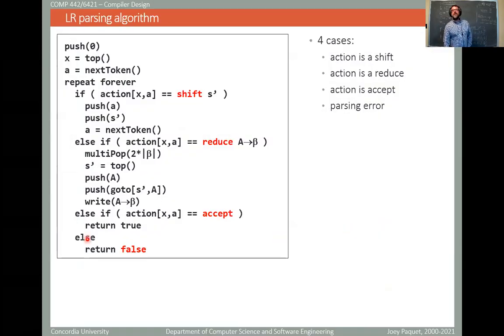So here's the LR parsing algorithm. You will see that, conceptually speaking, it has a lot of resemblance to the LL1 parsing method. Of course, it's not the same. It's state-based and so on, but the underlying concepts, of course, these are parsing concepts.